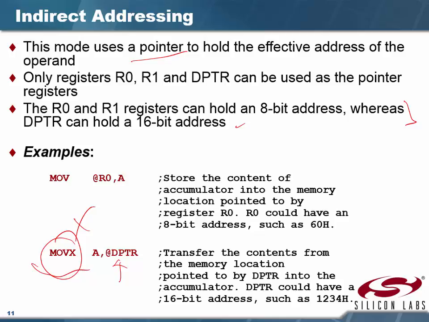The reason is R0 and R1 are 8-bit registers. Internal to the 8051 we can only access 256 bytes. R0 and R1 are more than adequate. But as soon as we go to the external memory, we want to use the data pointer to point to where our data is, because that's a 16-bit register.